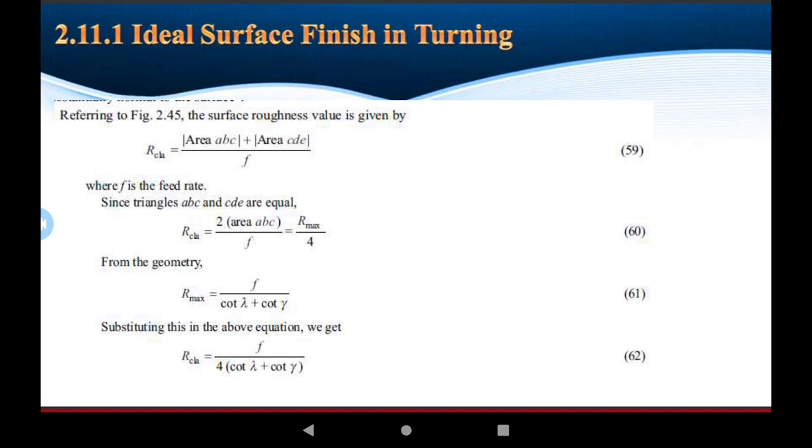This is equal to R max. For both areas, it is 1 upon 1 add 2, so R max means the radius of the workpiece, R max by 4. From the geometry, R max is given by the standard formula: feed rate upon cot alpha plus cot gamma.